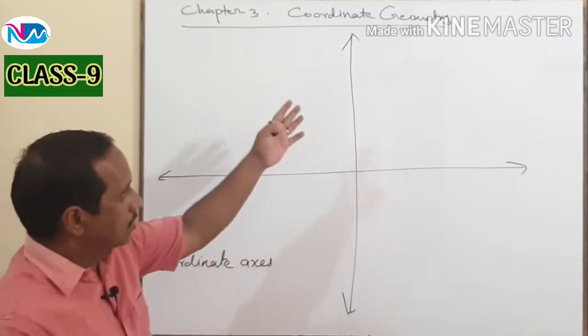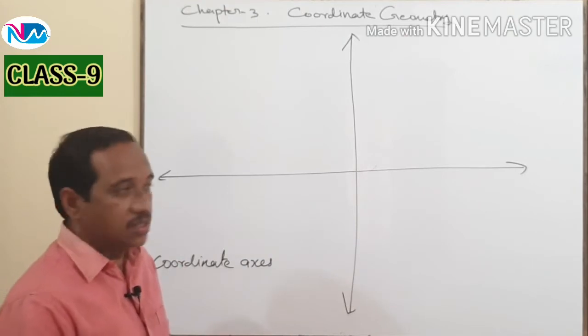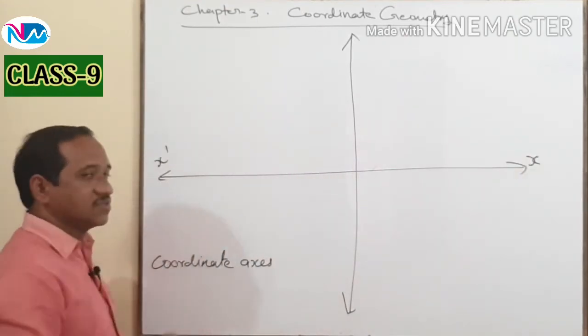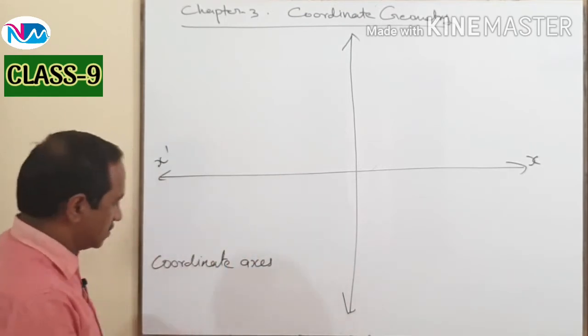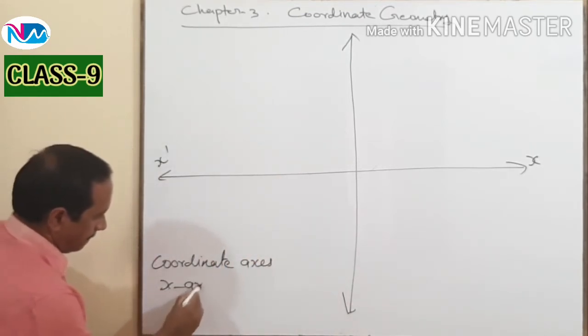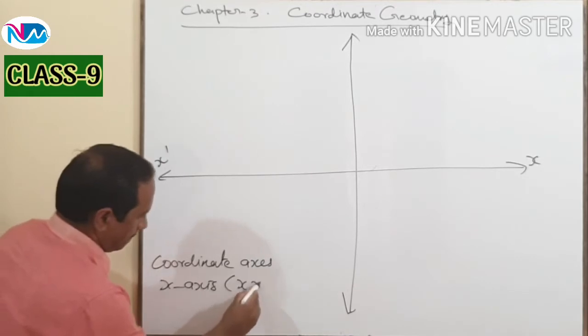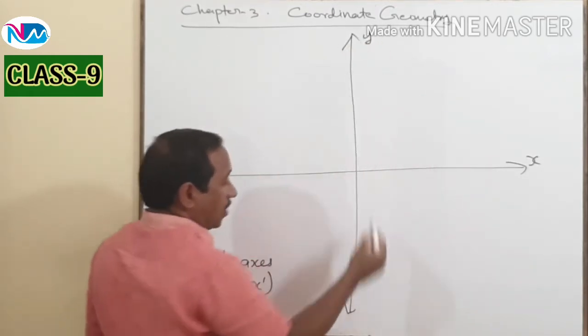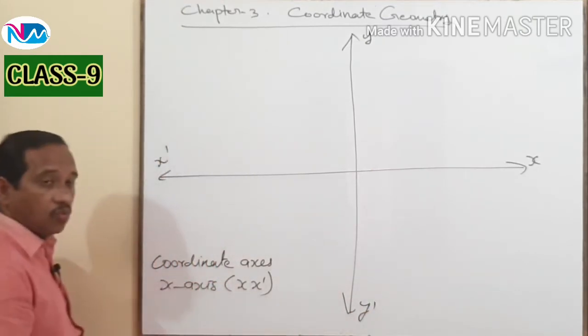Here we can find 2 axes. The horizontal one is called the x-axis, denoted by x dash. And the vertical line is called the y-axis, denoted by y dash.